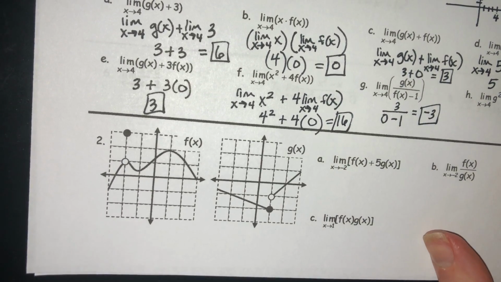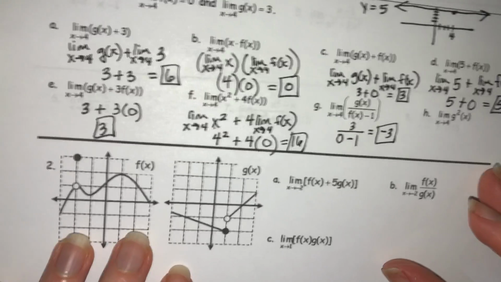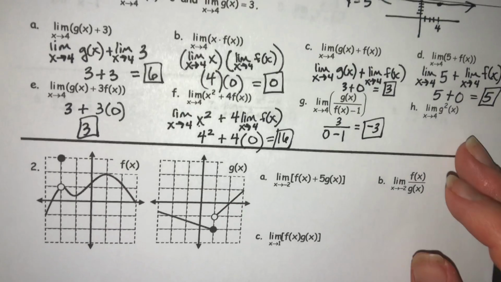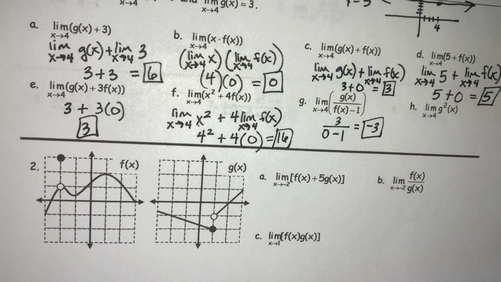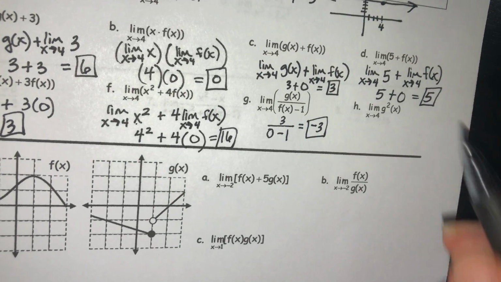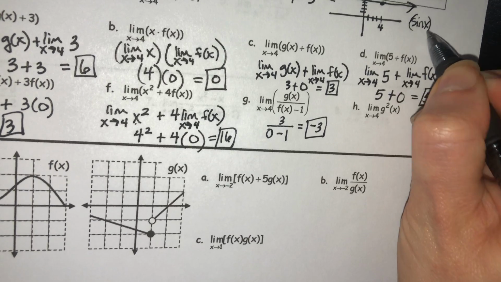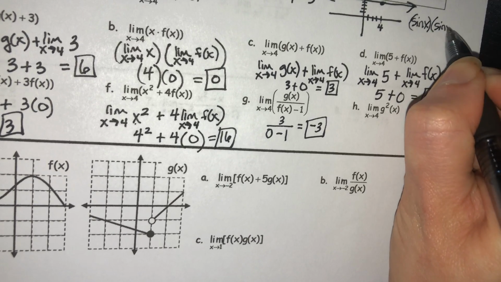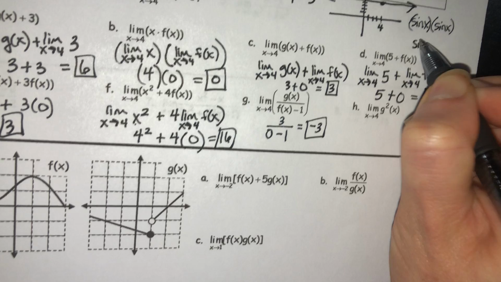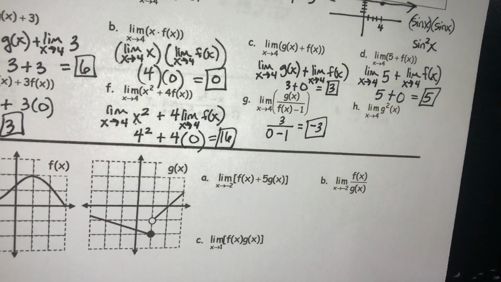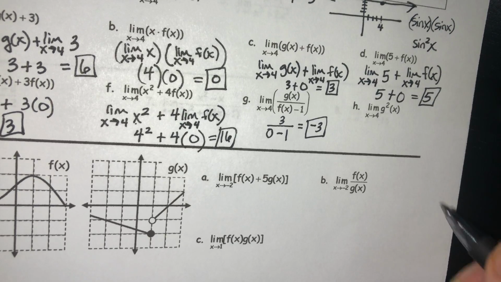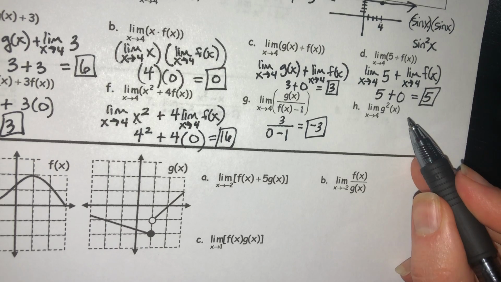All right, now this last one here is kind of tricky because I'm not sure you're familiar with this notation. Do you remember when you were in pre-calculus and you learned the sine of x times the sine of x was equal to the sine squared of x? Do you remember that? Well, this has g squared of x.